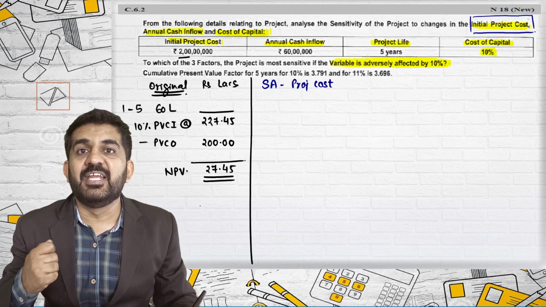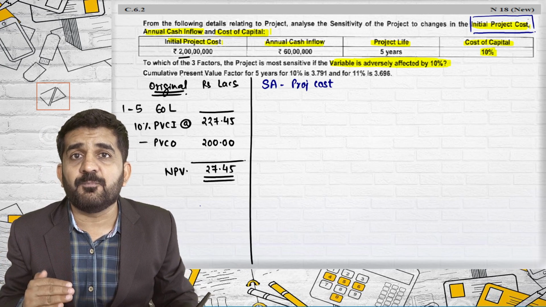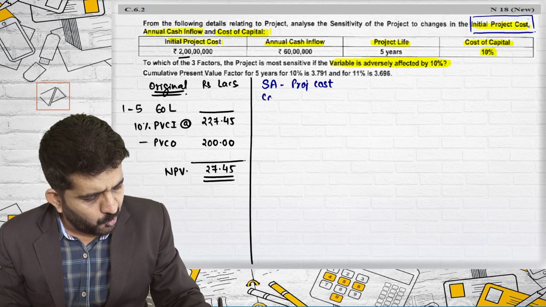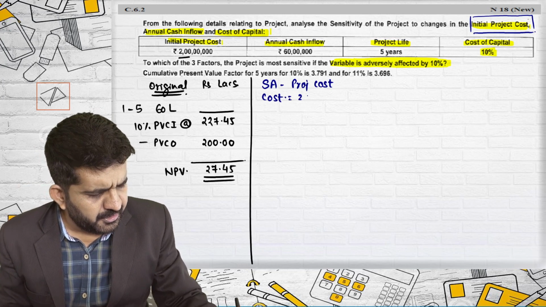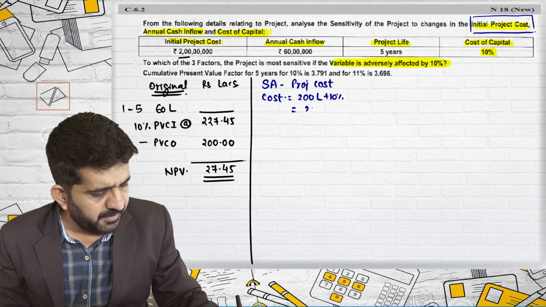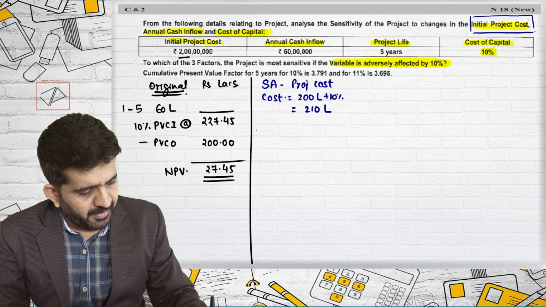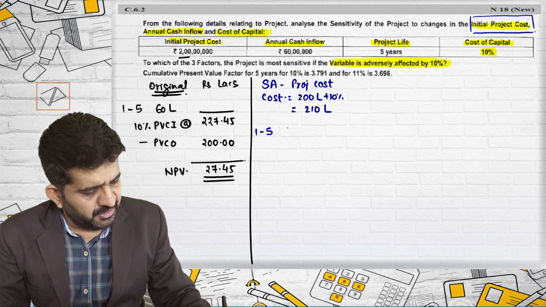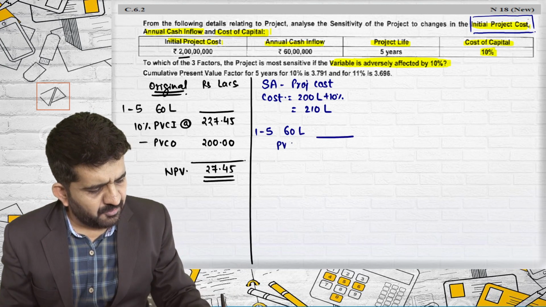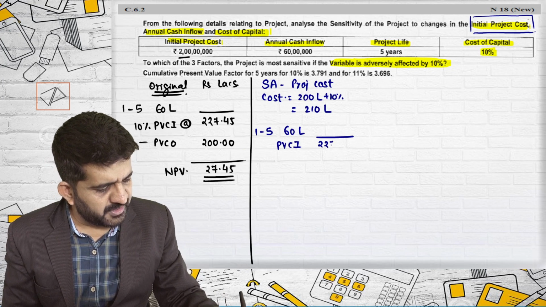What is the adverse effect if project cost increases by 10%? Then the cost of the project would be 200 lakhs plus 10%, which is 210 lakhs. My cash flows from 1 to 5 years will remain the same, which is 60 lakhs. So the present value of cash inflow will also remain the same, which is 227.45.